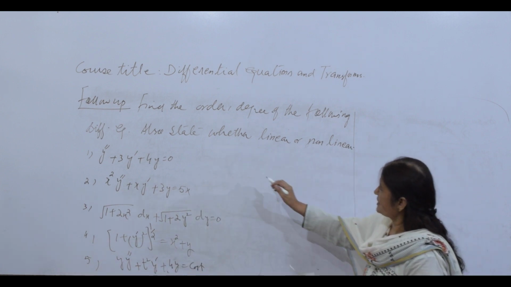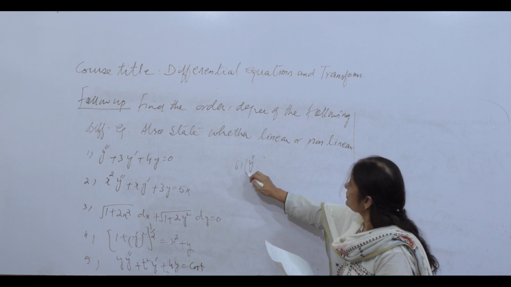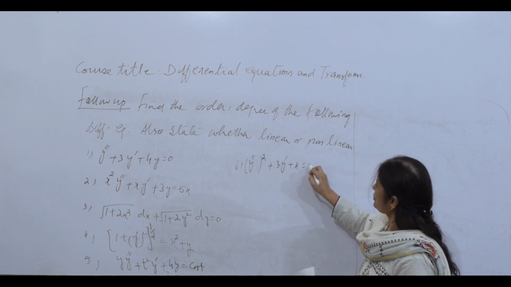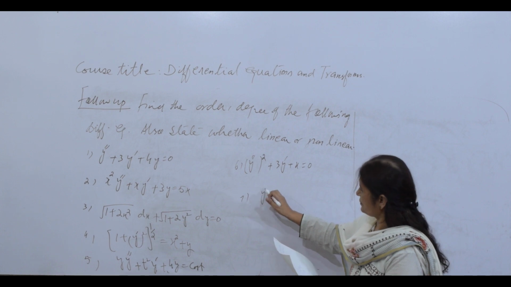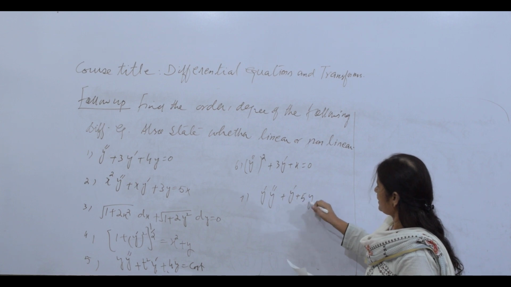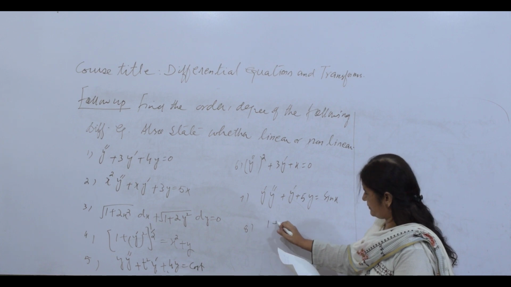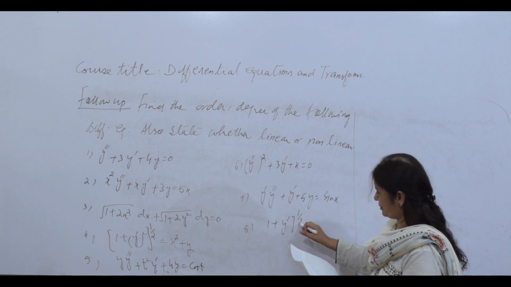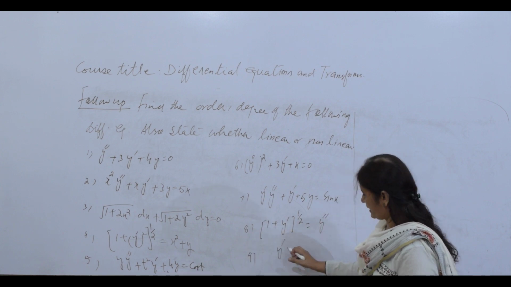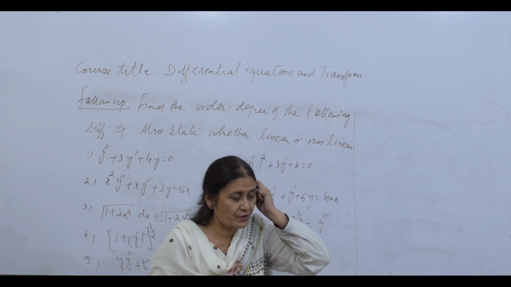Sixth is y double dash whole square plus 3y dash plus x equal to 0. Seventh is y dash y double dash plus y dash plus 5y equal to sin x. Eighth is 1 plus y dash raised to the power half is y double dash, and ninth is y dash is sin y. So these are the differential equations I have written.